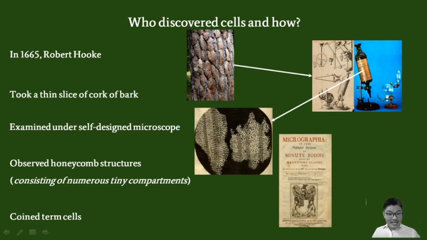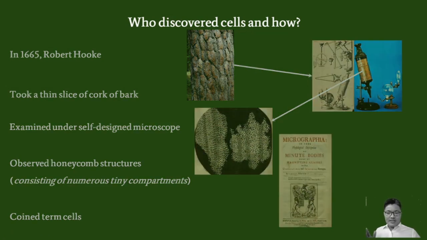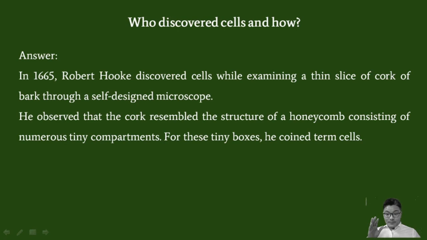So if he is one of the great scientists, then there must be many scientists who have contributed to the knowledge of the cytology or cell biology. Yes, we do have lots of scientists. So this is what Robert Hooke had discovered.